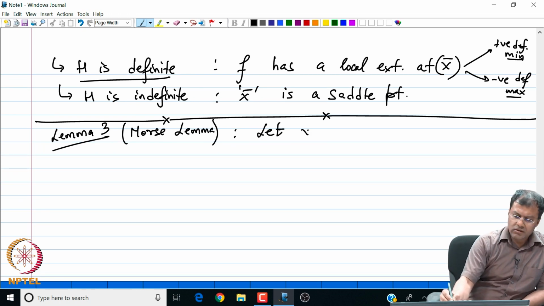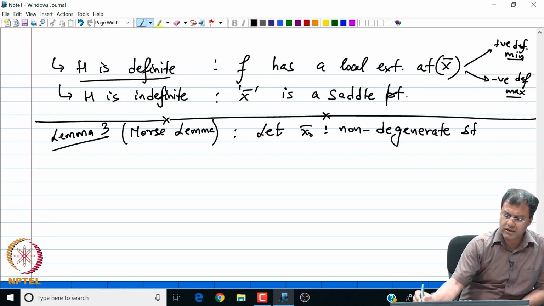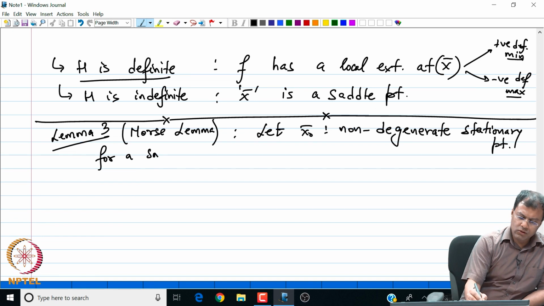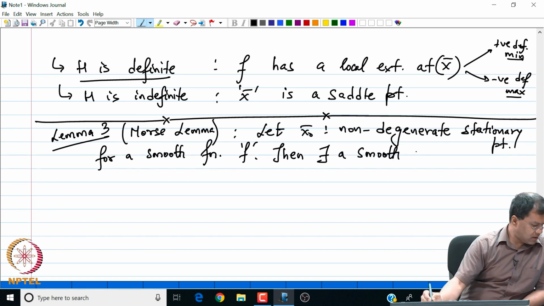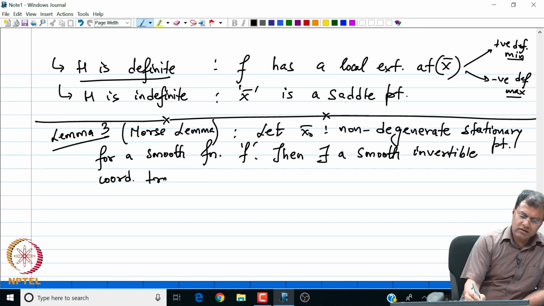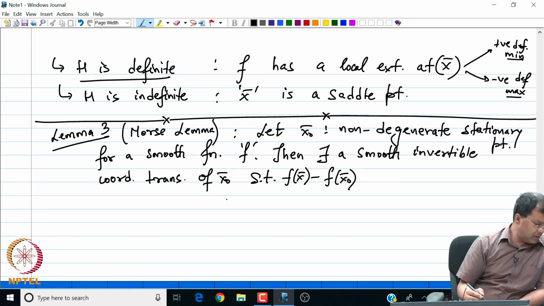It says that suppose I am given x naught, which is a non-degenerate stationary point for a smooth function f, then there exists a smooth invertible coordinate transformation of x naught such that f of x minus f of x naught is given as follows.